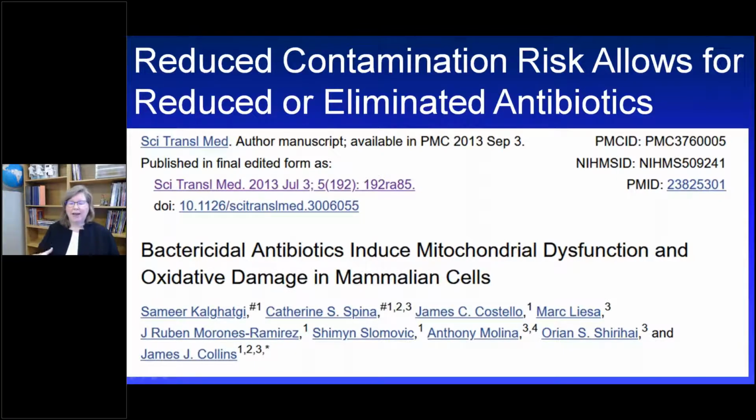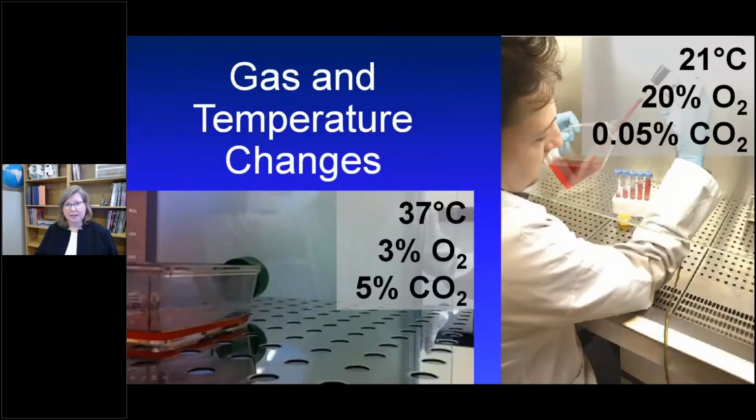So when you have to constantly flood your cell cultures with antibiotics because of the contamination risk that comes with handling them in room air, you can get rid of that risk by enclosing the system and keeping that contamination risk at bay. So you can get rid of the antibiotics. We've been culturing for almost 10 years without antibiotics, and we have not had a major contamination issue yet because of the closed system for cell handling.